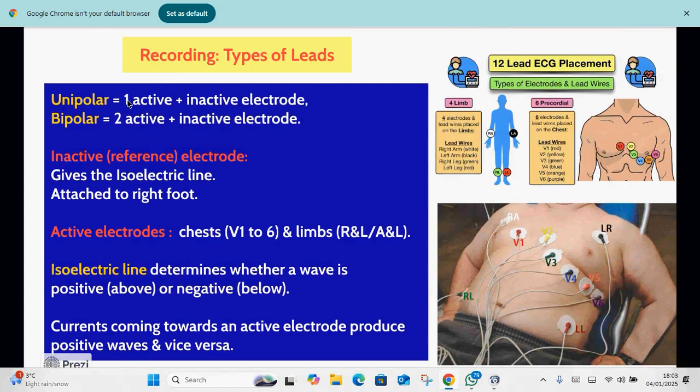So if you have two electrodes in the lead, this is a unipolar lead. If you have 3 electrodes in the lead, 2 active and 1 inactive, this is called bipolar. Is that clear? Yes.